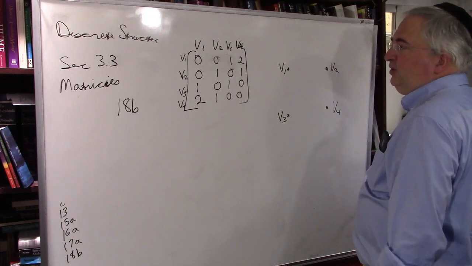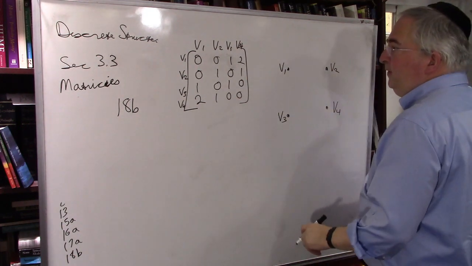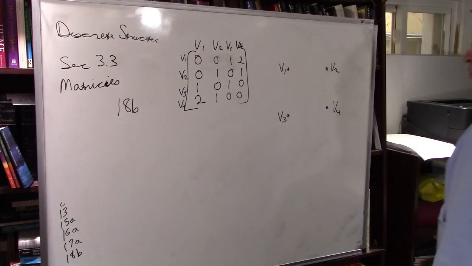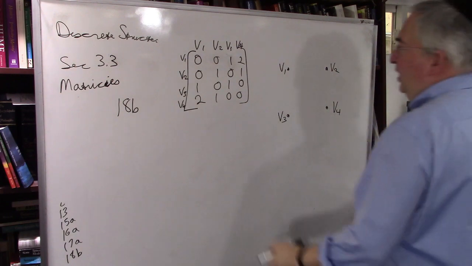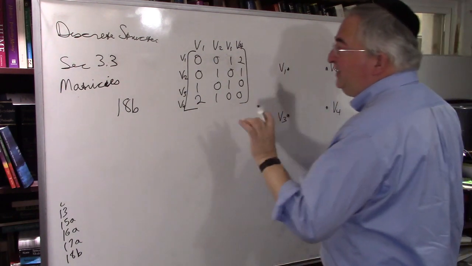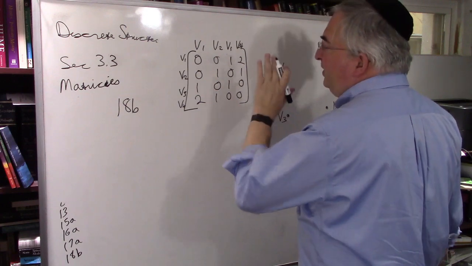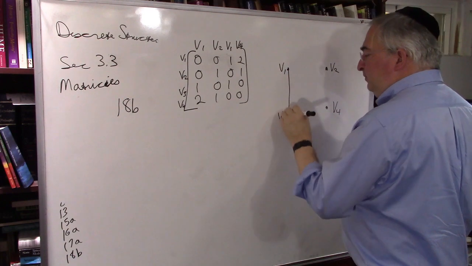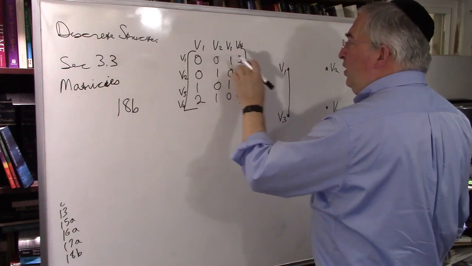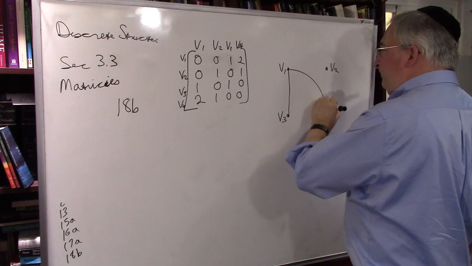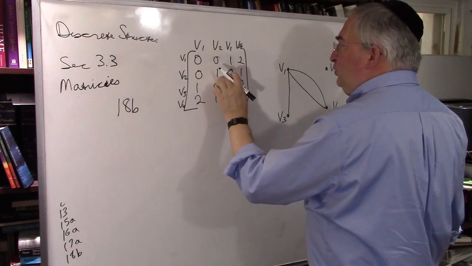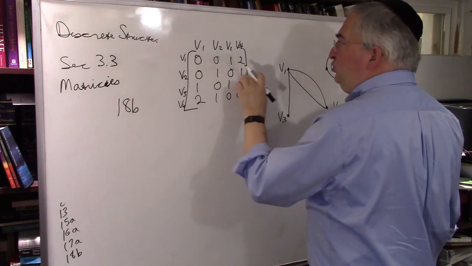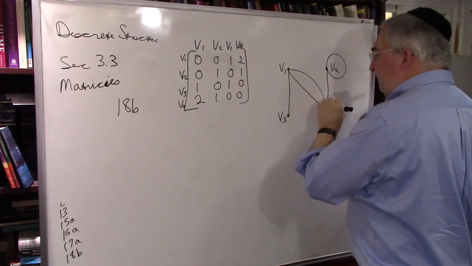We have to stretch it out. Okay, from 1 to 3. Okay, this is a symmetric matrix. Whoa. Yeah, that's a symmetric matrix. So we're just talking about edges, not directed. We're going to get a graph, not a directed graph. So we're going to get from 1 to 3, from 1 to 4, 2 of them, from 2 to 2, 1 of them, from 2 to 4, 1.